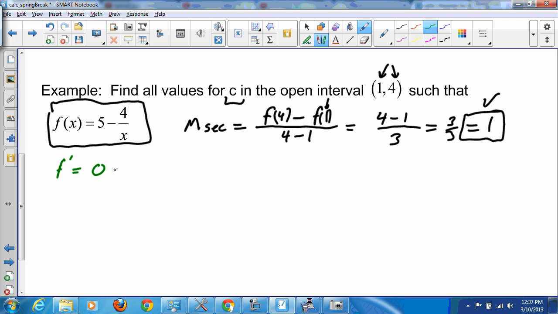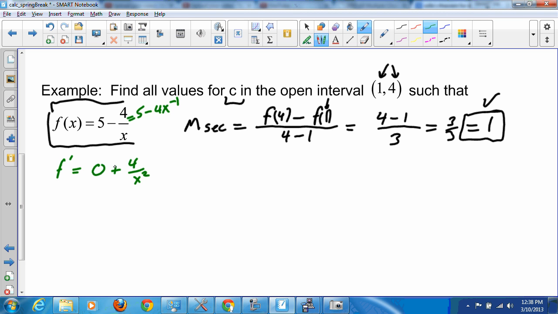Maybe we need to rewrite this function as 5 minus 4x to the negative 1. The derivative of 5 is 0. By the power rule, you have negative 1 times negative 4, so we have plus 4, and x to the negative 2, or x squared on the bottom.